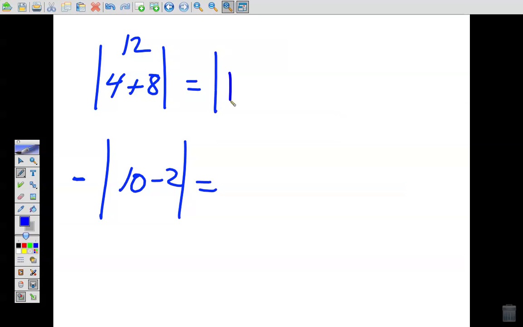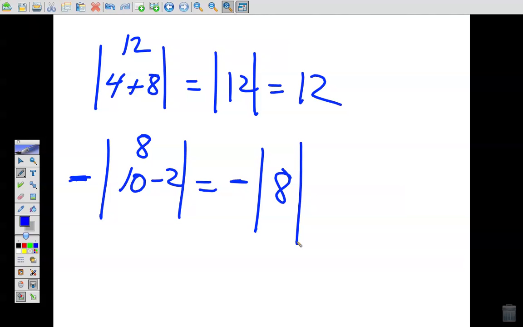So what's the absolute value of 12? 12. Now you've got the opposite here. First of all, do the work inside the absolute value symbols. 10 minus 2 is 8. So I'm going to take the opposite of the absolute value of 8. What's the absolute value of 8? 8. What's the opposite of 8? I get a negative 8.